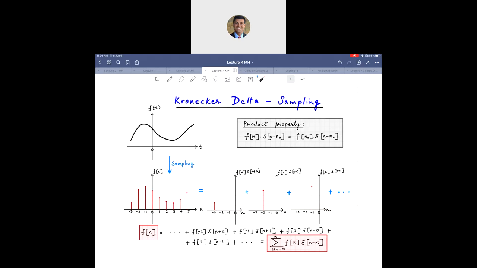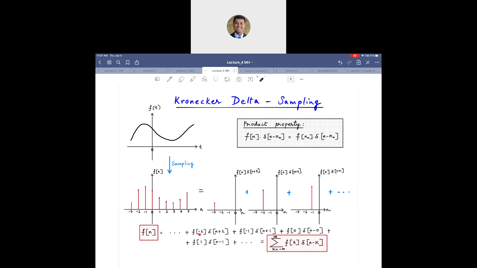Similarly, I do that for f of n multiplied by delta of n plus 2, delta of n plus 1, and this keeps moving to the right to get all of those samples. When I add it up, I get my entire signal back, which means I can represent f of n, any discrete time signal, as a summation of weighted and shifted unit impulses.